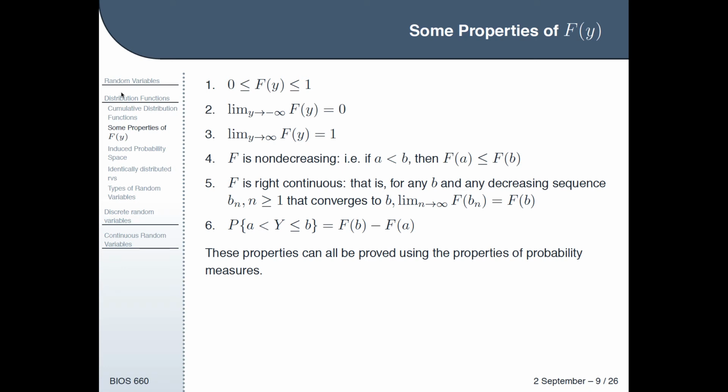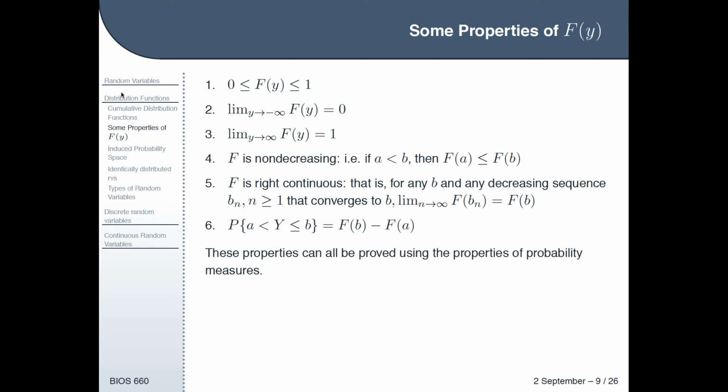A couple of properties of the cumulative distribution function F of y. For starters, it's always between 0 and 1 because it's a probability, and probabilities are always between 0 and 1. The limit as y goes to minus infinity has to be 0, because that becomes the probability of y less than or equal to minus infinity, which is an outcome space that's become increasingly smaller, so that goes to 0.